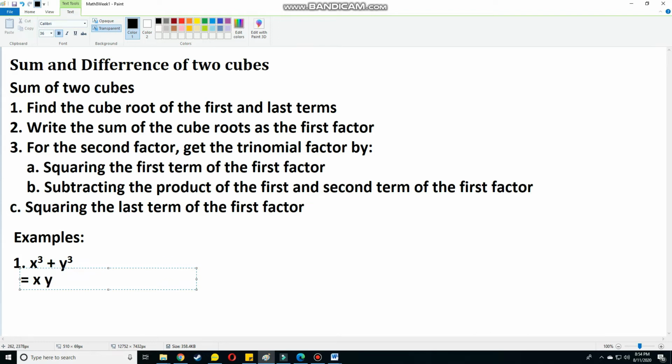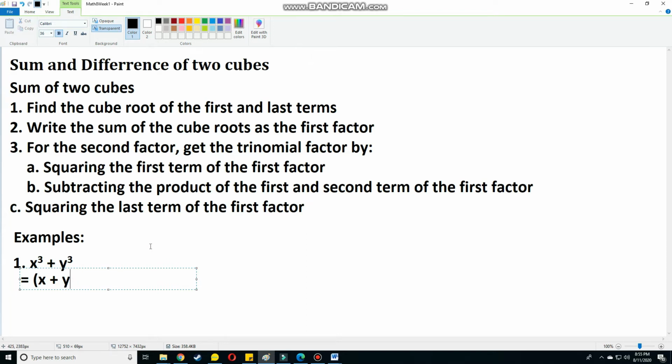Now let's go to the next step. Write the sum of the cube roots as the first factor. So these are the cube roots, and then we would have it as the sum. Write the sum, so this would be plus. So the sum of the cube roots would be x plus y, and we would write it as our first factor.